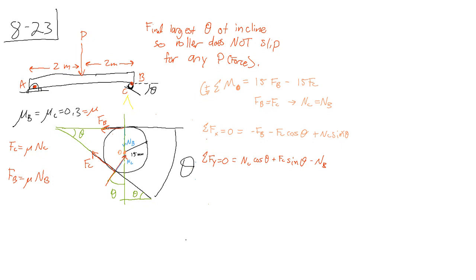Okay, so I know FB equals FC, so I should be able to set these two equal. That's NB. Should be able to combine these two equations. Well, they're both equal to 0. I could just say this is FB sine theta minus FC.